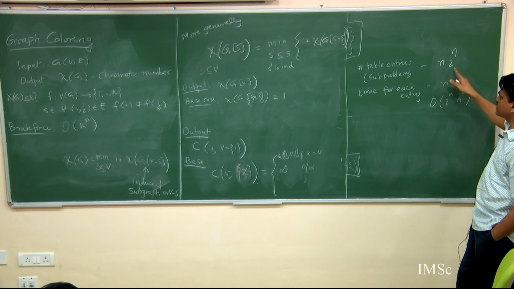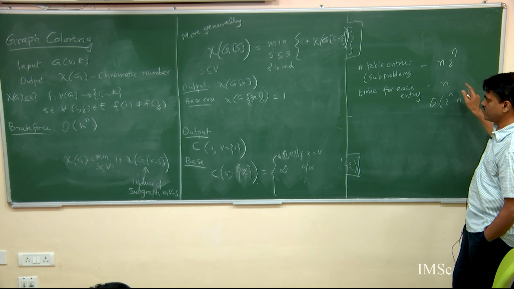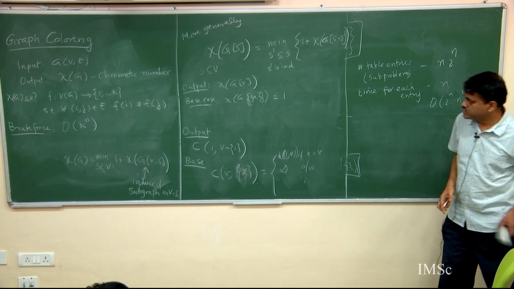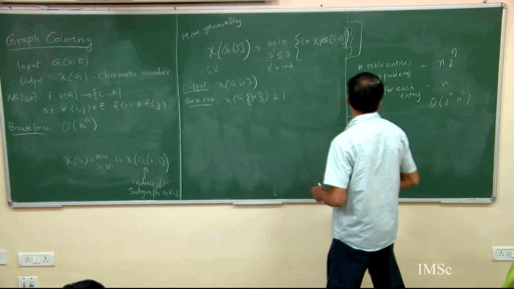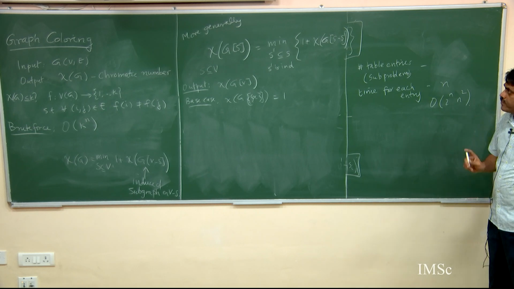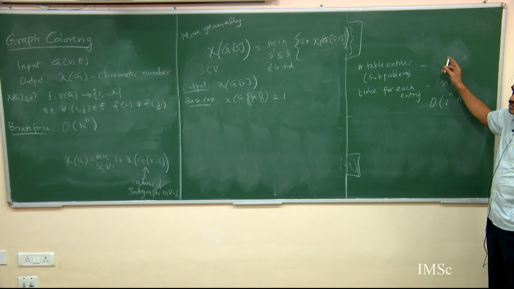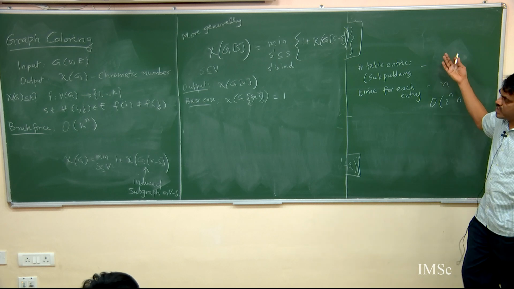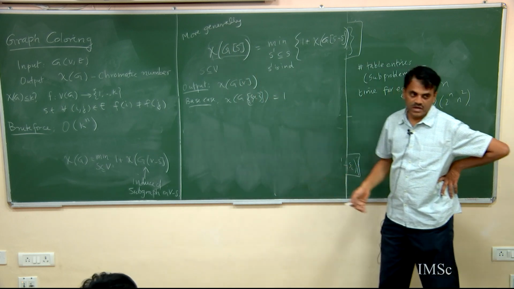Okay. Now, let us do this. First, let us do a brute force kind of analysis and then we will do a tighter analysis of this. So, how many subproblems? 2 to the power n, because for every subset, take the induced subgraph.